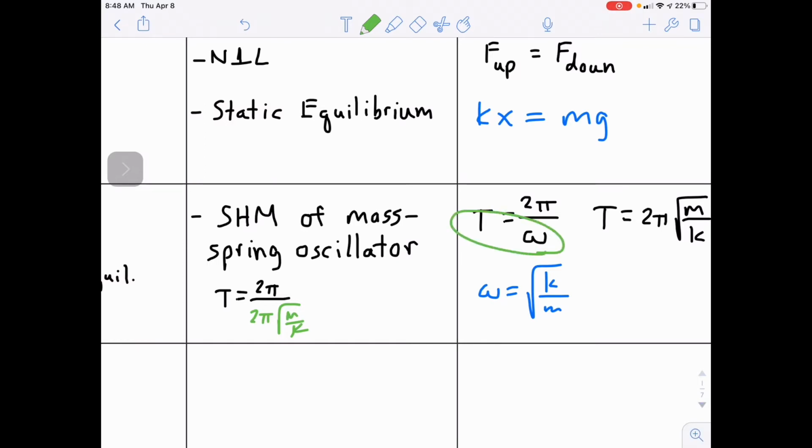We're switching those two, so that should be omega. There we go. Okay, the 2 pi's cancel, leaving you with a 1, and if we take 1 over the square root of m over k, that would just simply be the square root of k over m.